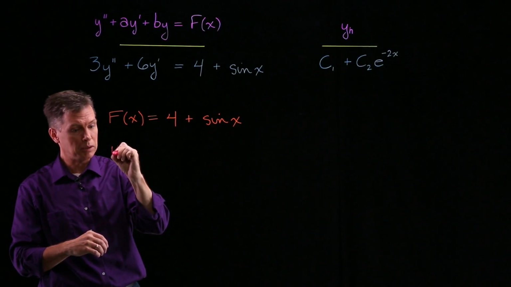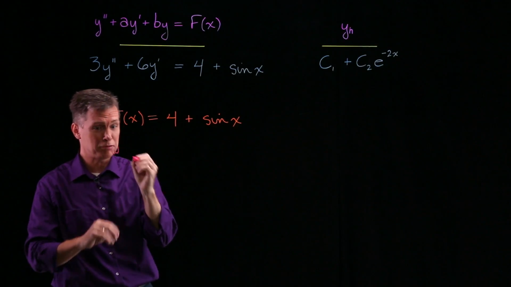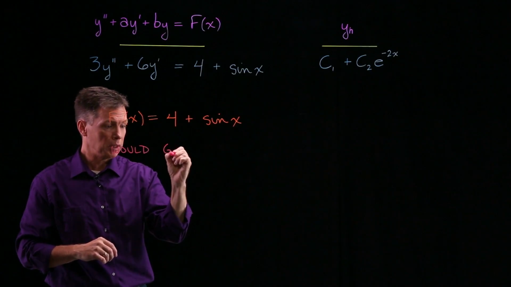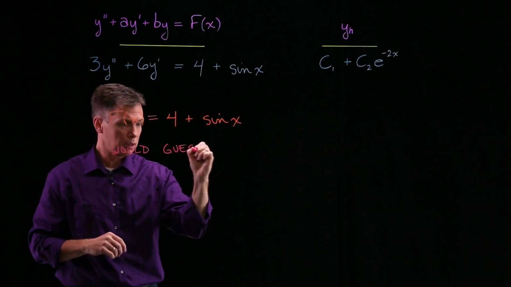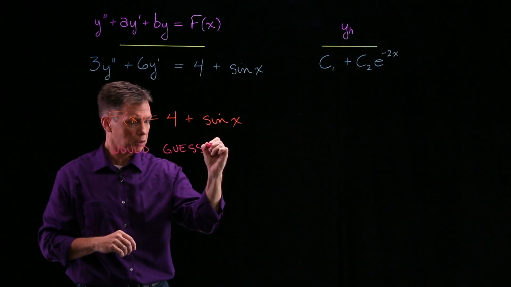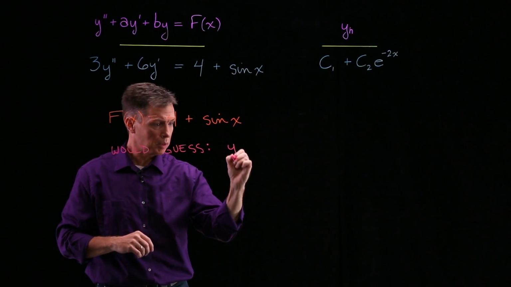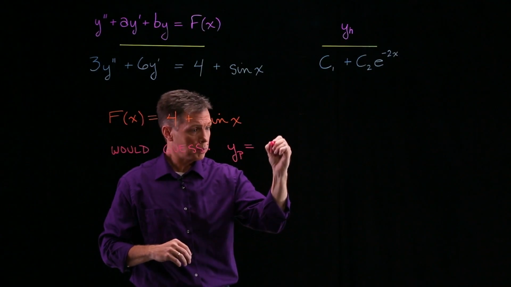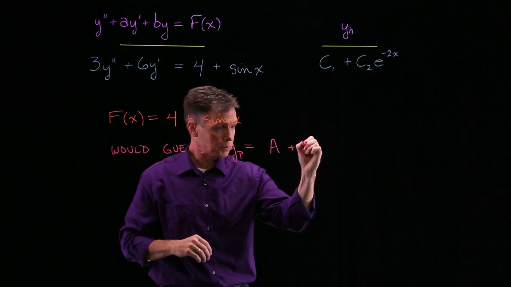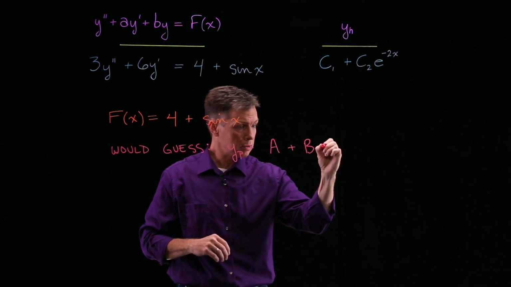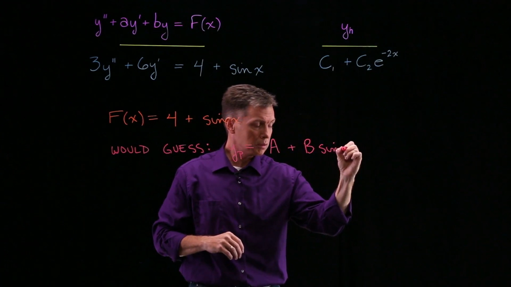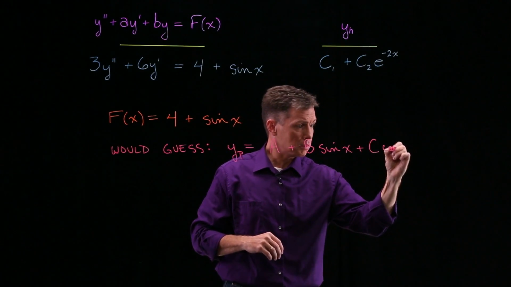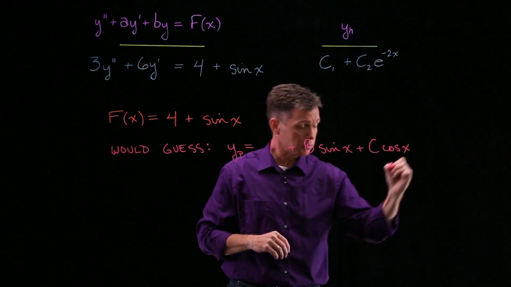I have to be a little bit vague at first. Based on this capital F of x, I would guess that my particular solution would equal capital A plus capital B times sine of x plus capital C times cosine of x.